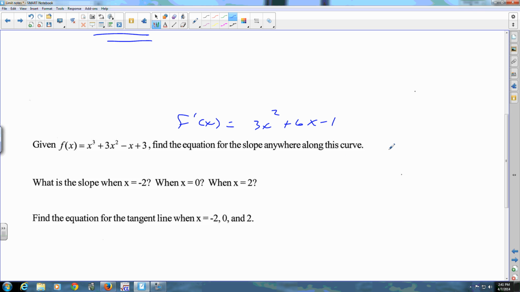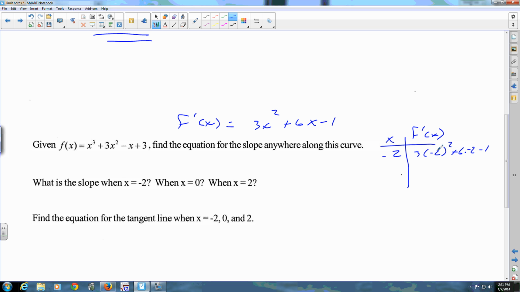Okay, so you fill in negative 2. Since we got several of them to do, if you want to fill them out, filling in negative 2 gives you 3 times negative 2 squared plus 6 times negative 2 minus 1. My brain is dead. I'm just going to type it in.